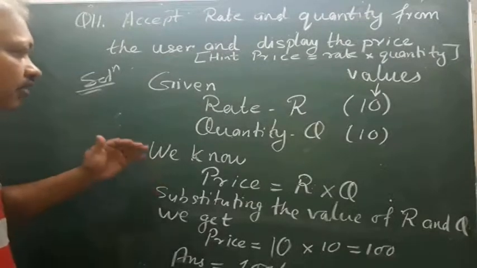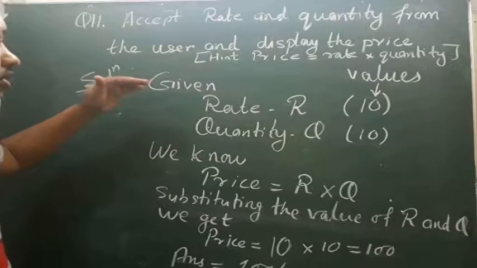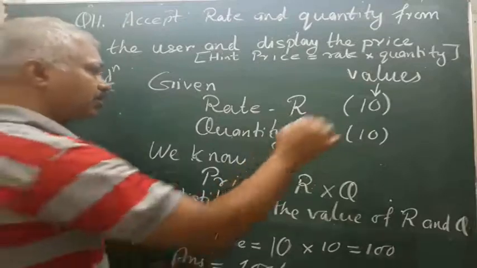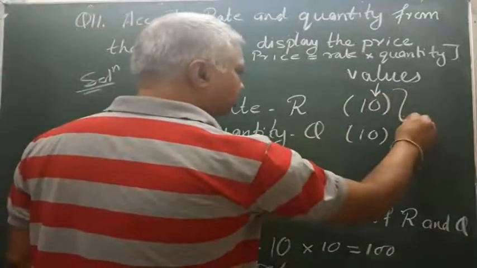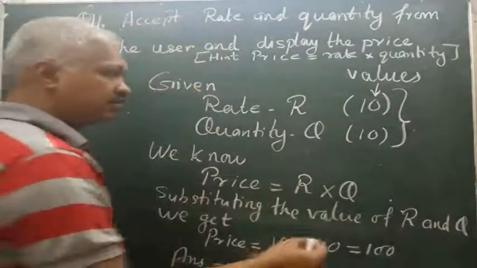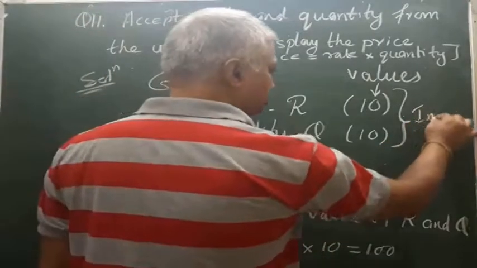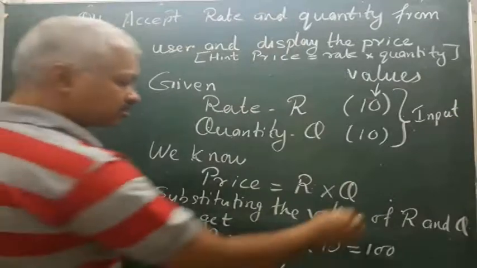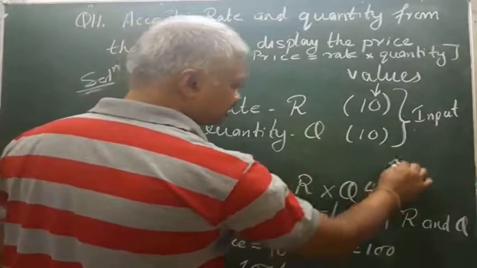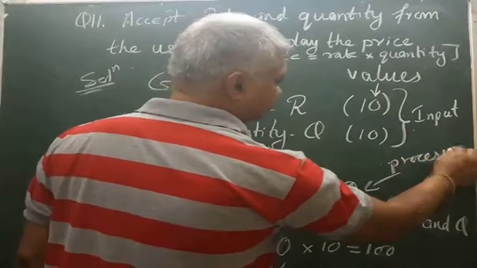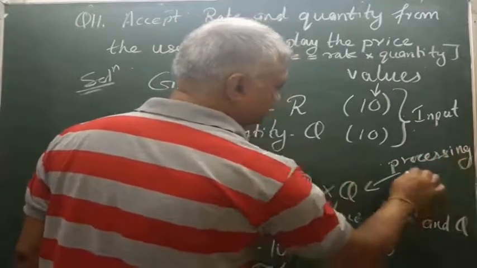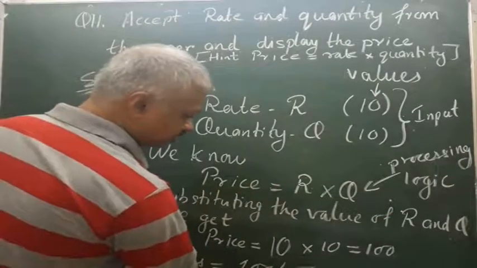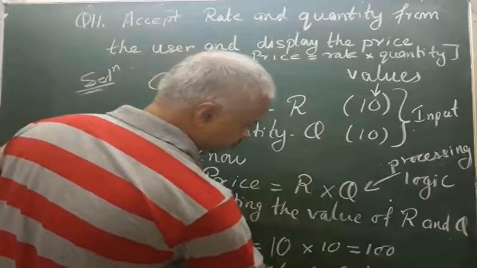Now we will see how we are going to write the program. Now if you see here also, this is basically input. This is the processing logic and this is the output.